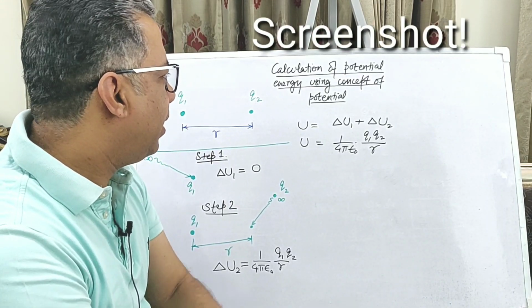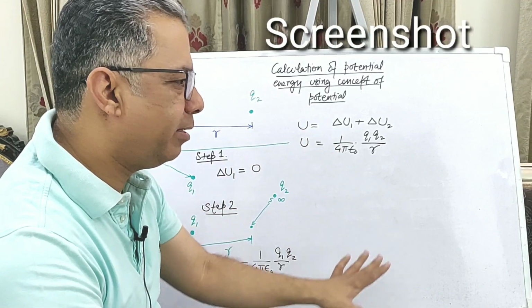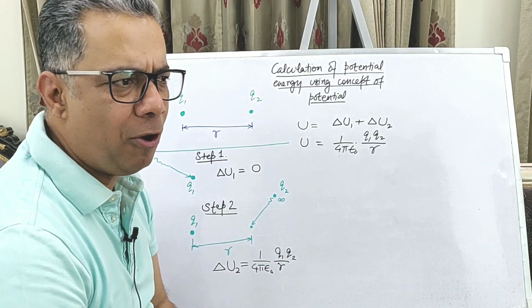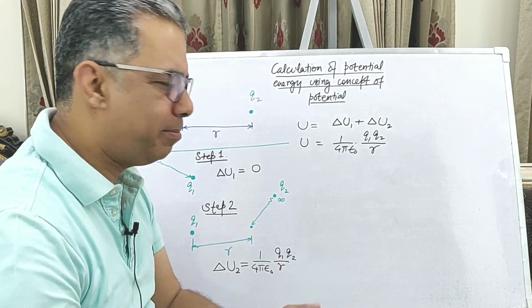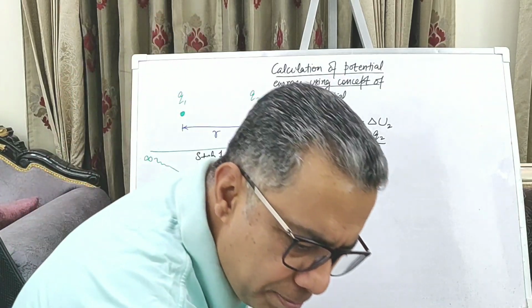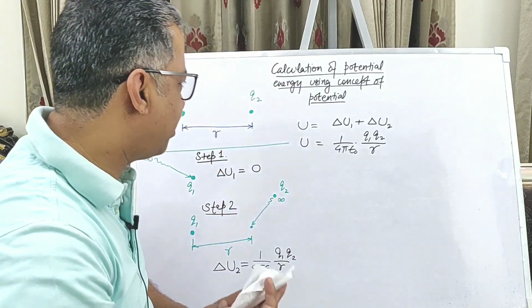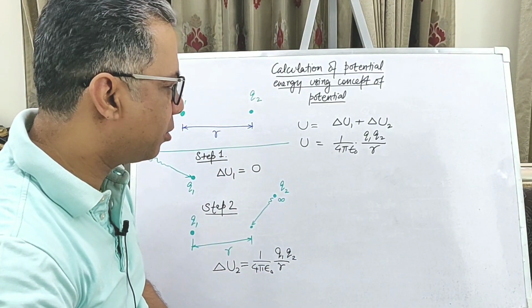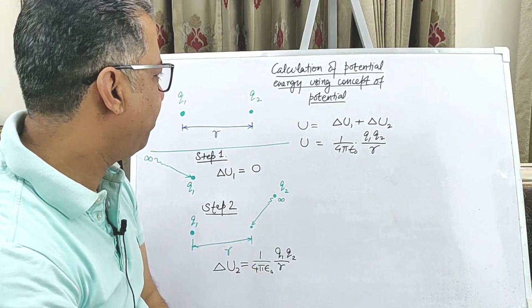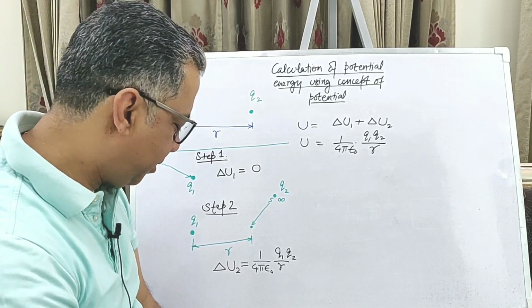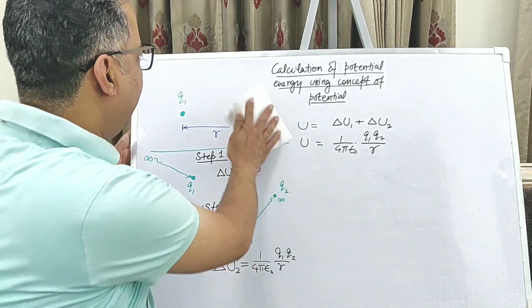So this process is not advisable for systems which involve a fairly large number of point charges, but the process becomes very useful when we are talking about continuous distributions of charge, and I will demonstrate that calculation in our next bit of discussion.